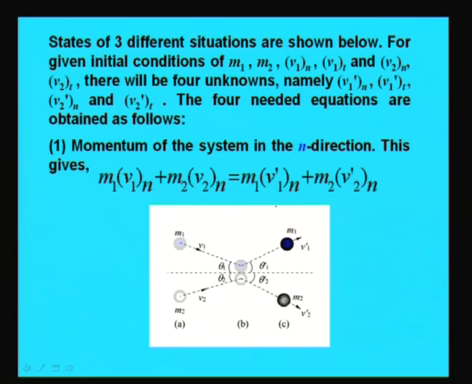Although the forces are applied normal to the surfaces, and therefore their velocities in the normal direction will change, the total net momentum remains conserved, and you get this equation. So this is one equation.